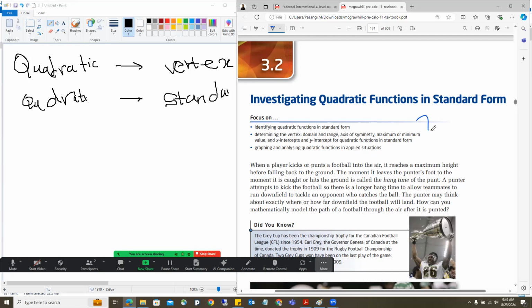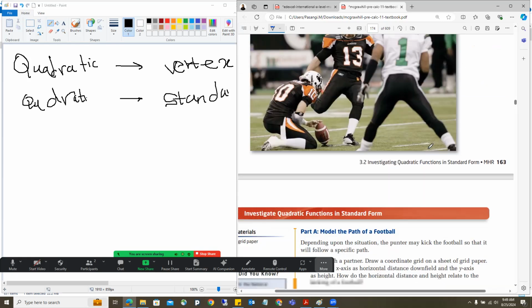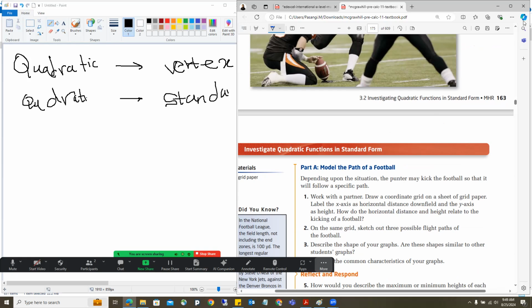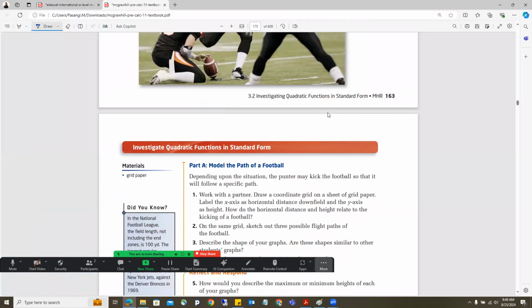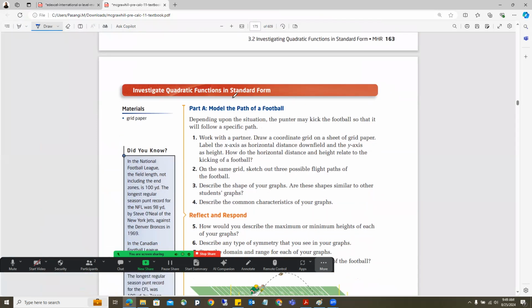These are a few things which we are going to learn during this section. If I move to the theory, here we are going to learn about the standard form.